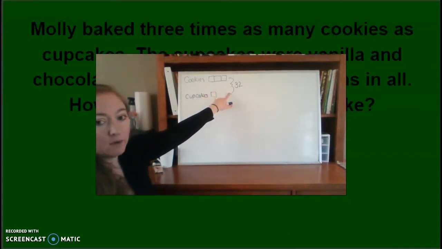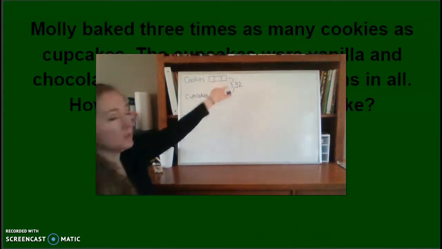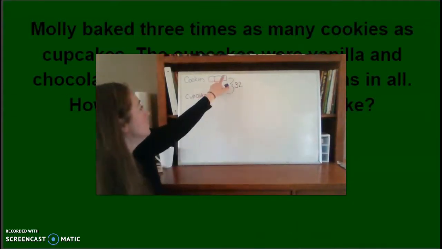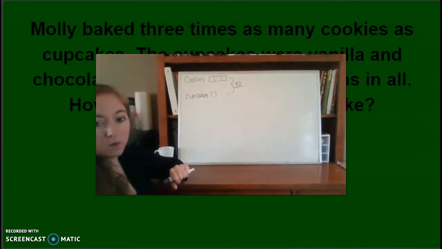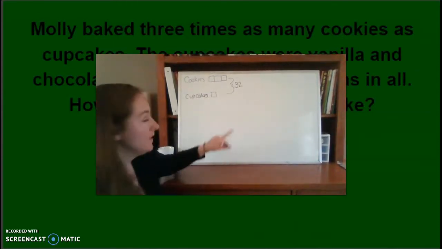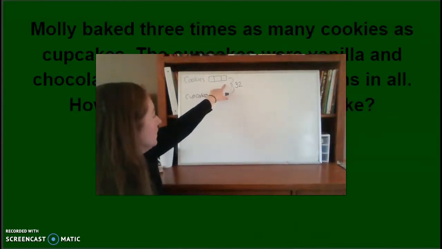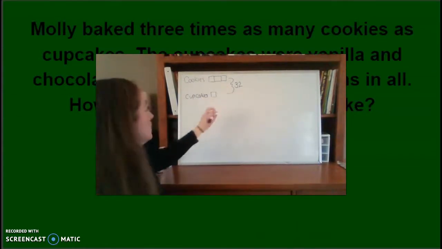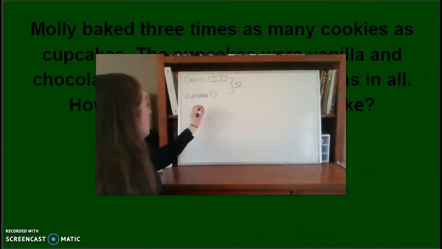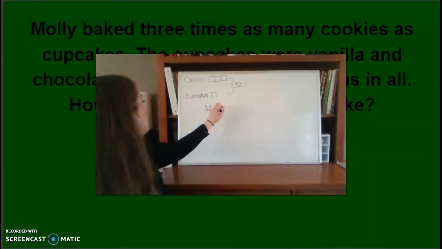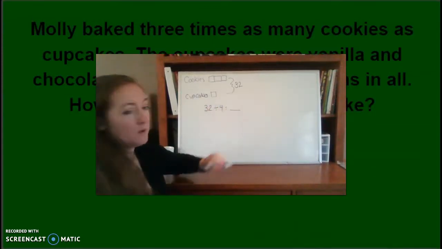So we're taking this number and dividing it by the number of groups altogether. Cupcakes was 1 and 3 times the cookies, so that makes 4 boxes. So this number sentence becomes 32 divided by 4 equals some number.